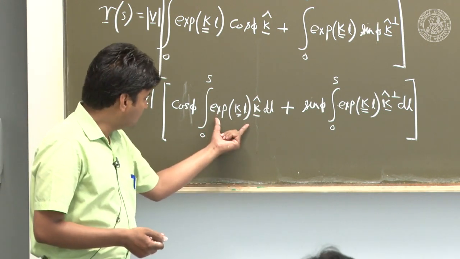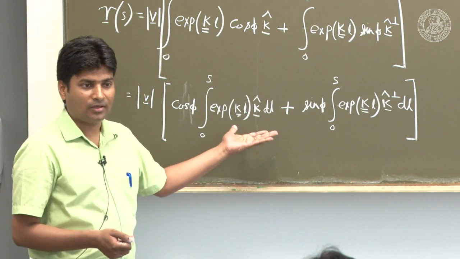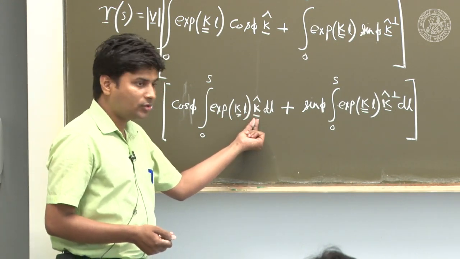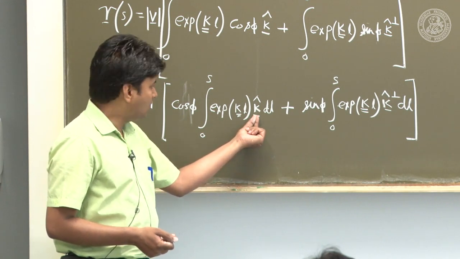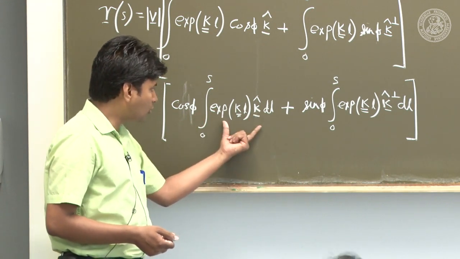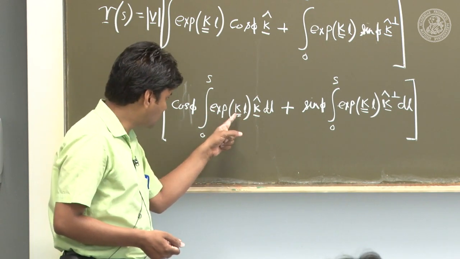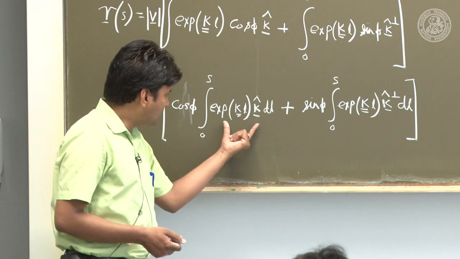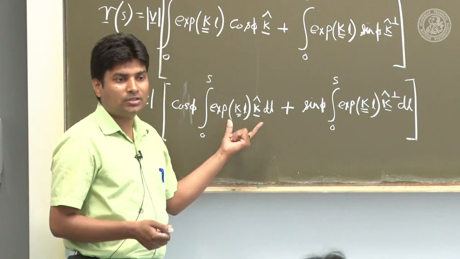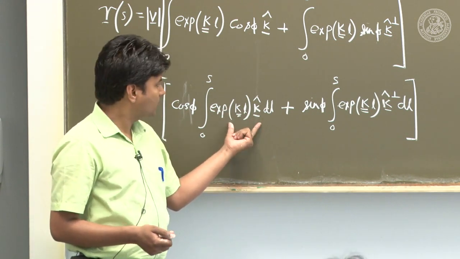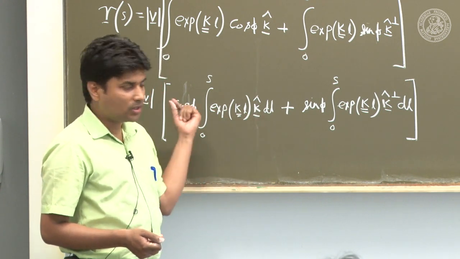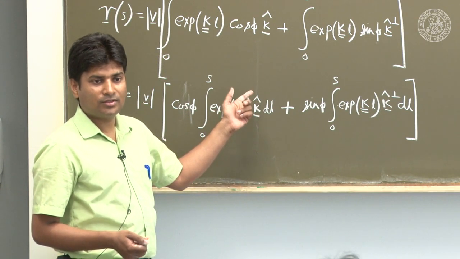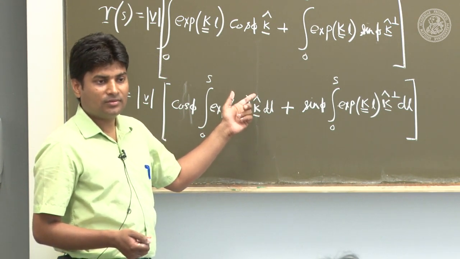So this times K hat is same as K hat, and then this K hat is independent of L. It comes out of the integral. Right now you could not take it out of the integral because exponential of K L has L in it, but the multiplication of these two is just K hat, which comes out of the integral dL 0 to s. What is that? Just s.